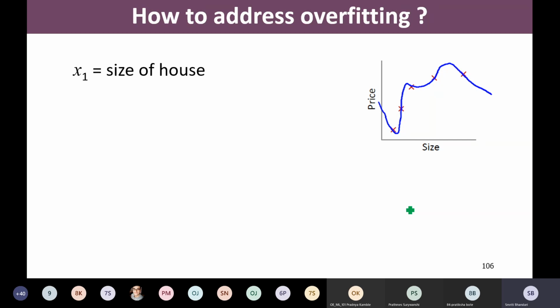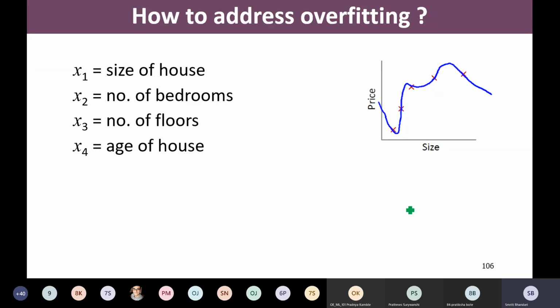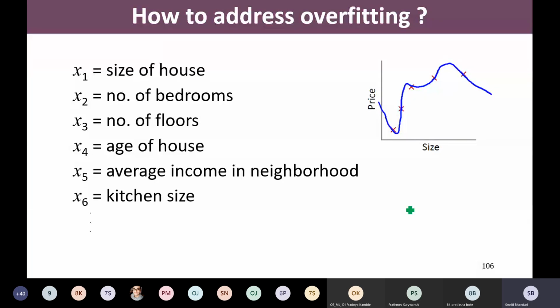So let us assume now that we are having our housing price problem, but instead of a single feature, we are having many features. Say x1 is size of house, x2 is number of bedrooms, x3 is number of floors, x4 is age of house, x5 may be average income in the neighborhood, x6 is size of the kitchen, and so on. So let us assume that one house is described with 100 features, x1 to x100.